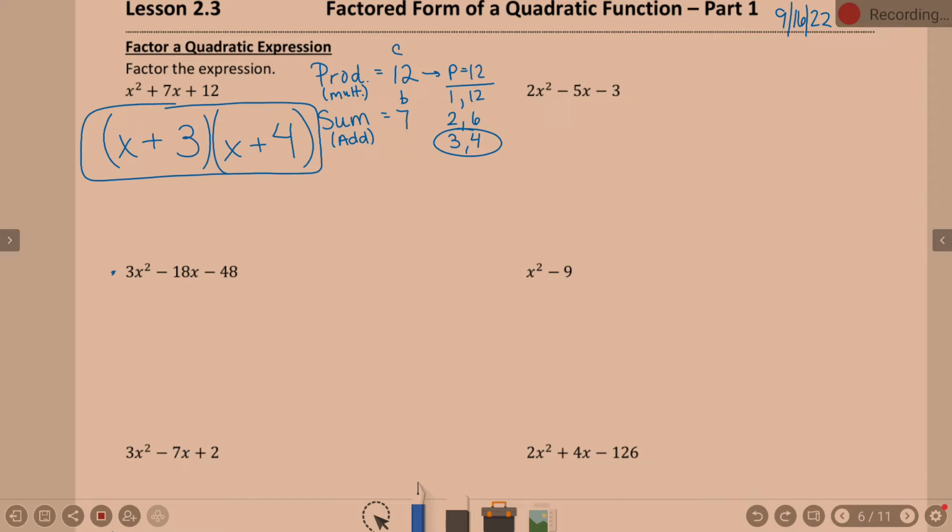Okay, you have them all in front of you, doesn't matter, right? 3x squared minus 18x minus 48. Good call. I see some calculators coming out. Thoughts on how to factor this?